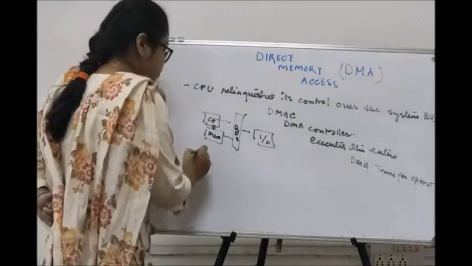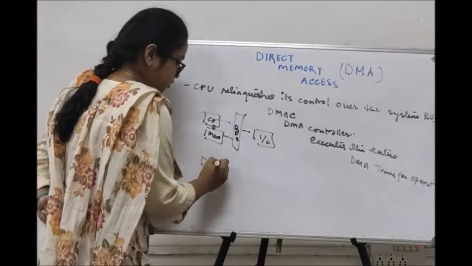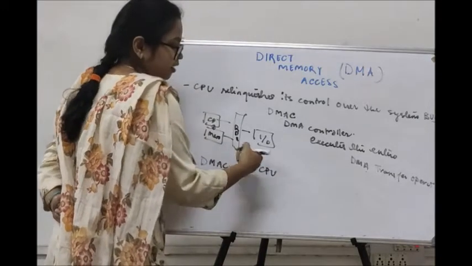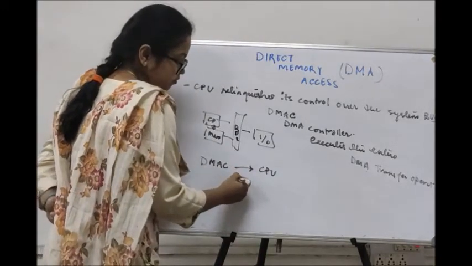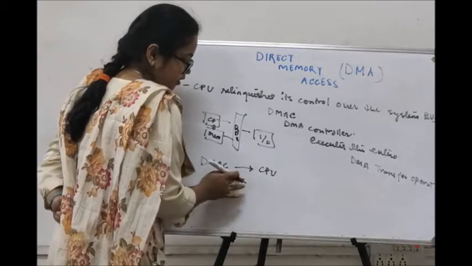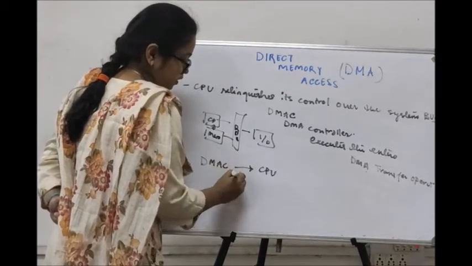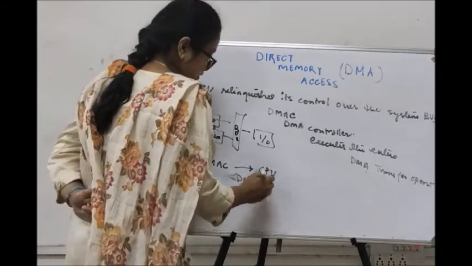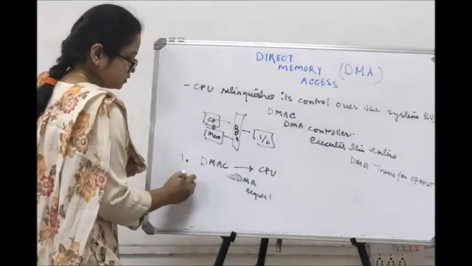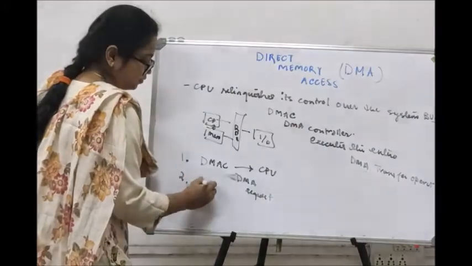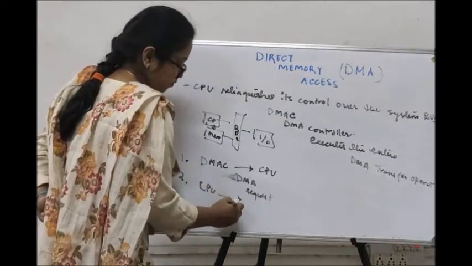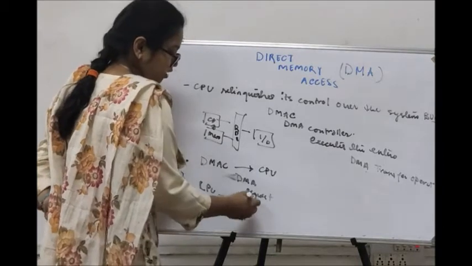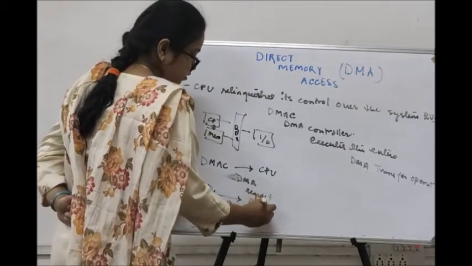So the DMA controller requests CPU with a DMA request. These are the series of actions that take place. Then CPU replies with bus grant to the DMA controller.